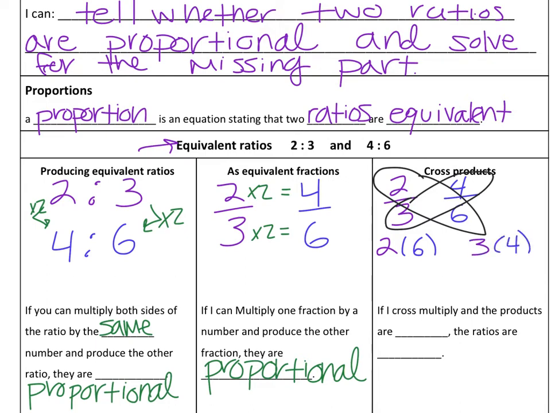Okay, 2 times 6 is 12, and 3 times 4 is 12. And since they equal each other, 12 equals 12, it is itself. So if I cross multiply and the products are equal, the ratios are proportional.